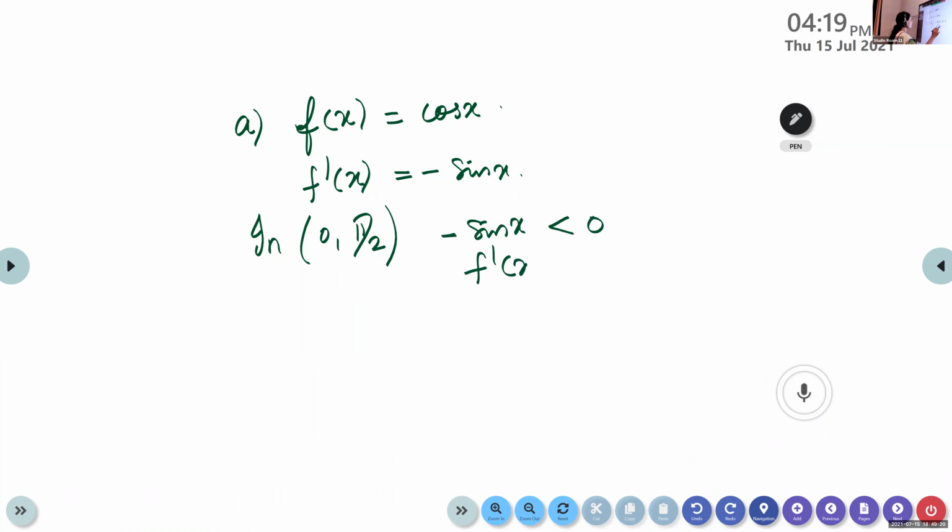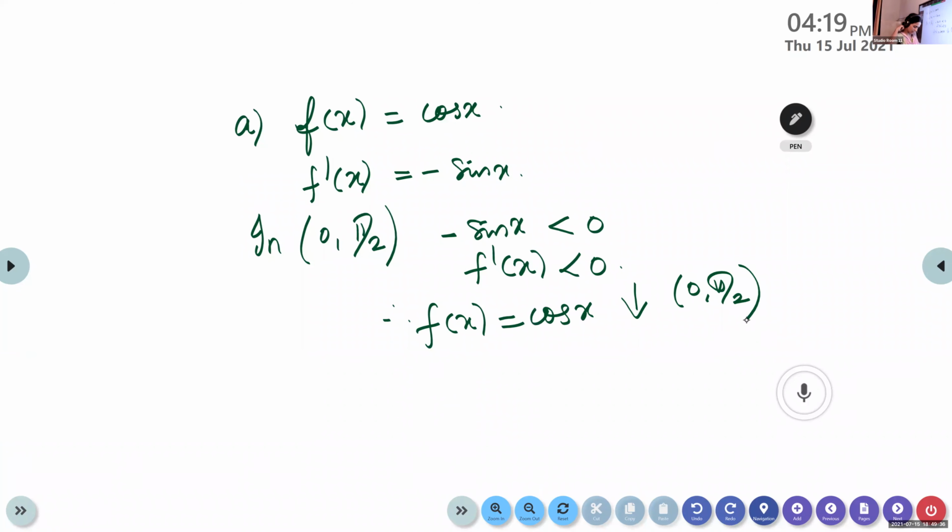That is, f dash of x is negative. Therefore, f of x equals cos x is decreasing in the interval 0 to pi by 2.